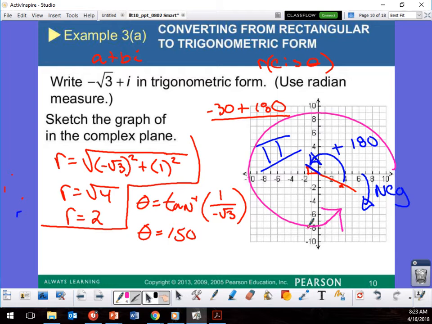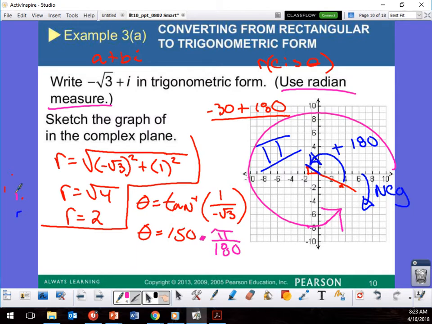So, but up here it says, use radian measure. So you have to convert it back. But how do I convert it to radian? 150. Okay, multiply by pi over 180, right? Very good. This one is on the unit circle, but are they always on the unit circle?